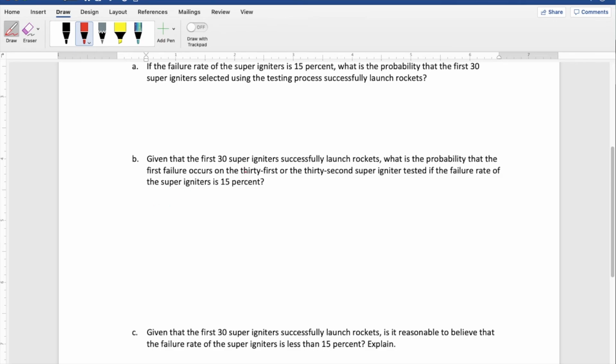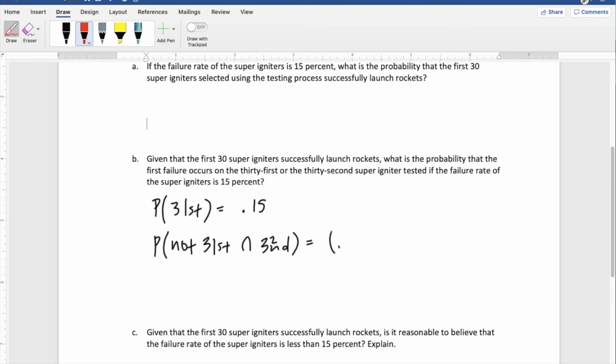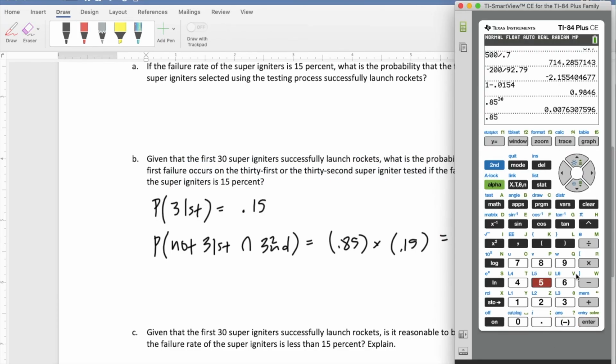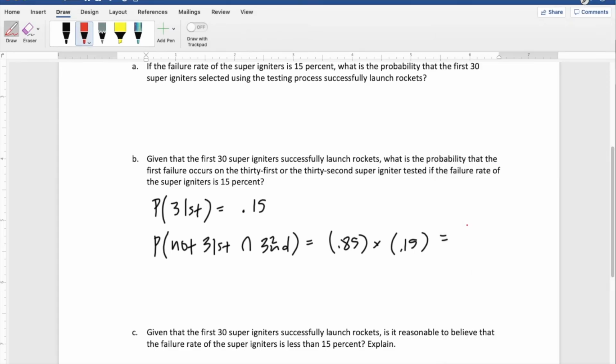So the probability that it happens on the 31st launch is basically 0.15. And then the probability that it happens not on the 31st but on the 32nd would be that it doesn't happen on the 31st and it does happen on the 32nd. So 0.85 times 0.15, and this one comes out to be 0.1275.